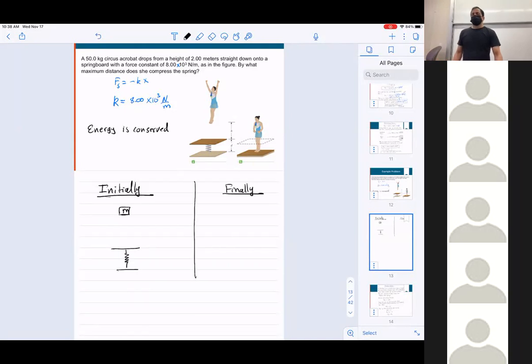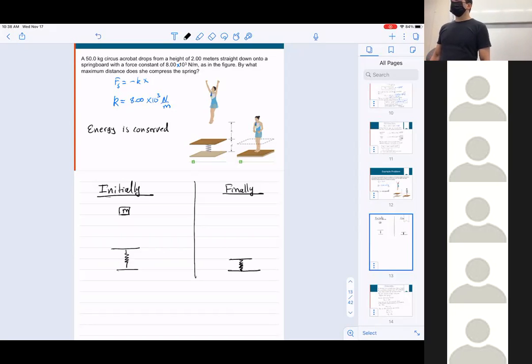In the final situation, she will land on the spring, and the spring will compress by some amount, and then she'll come to a stop before the spring bounces back, right? So in that situation, the spring will have compressed by some amount, maybe by that much. So now it's much more compressed, right? And the spring has kind of stopped at that particular location.